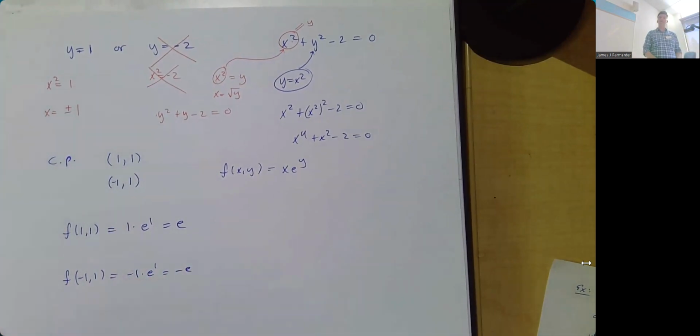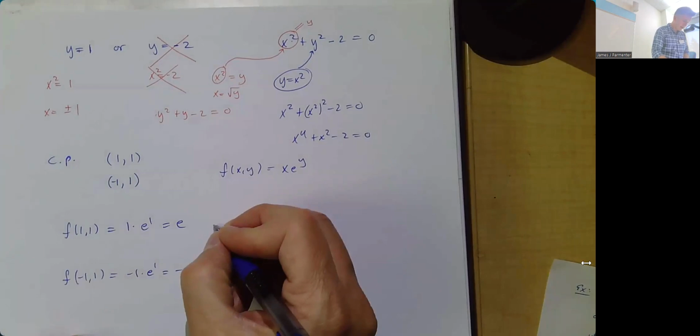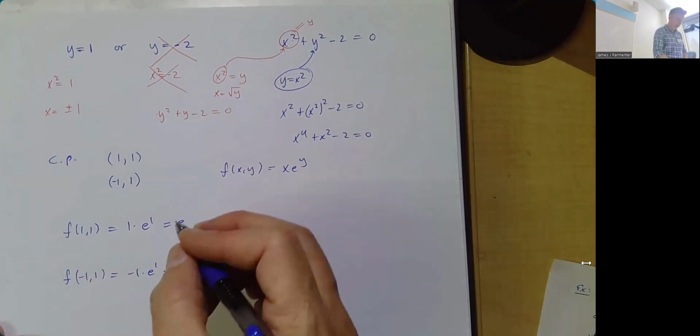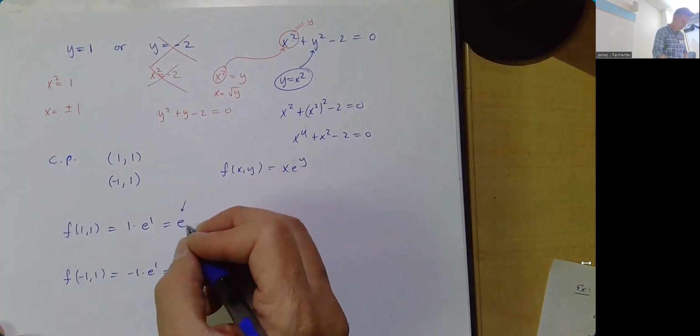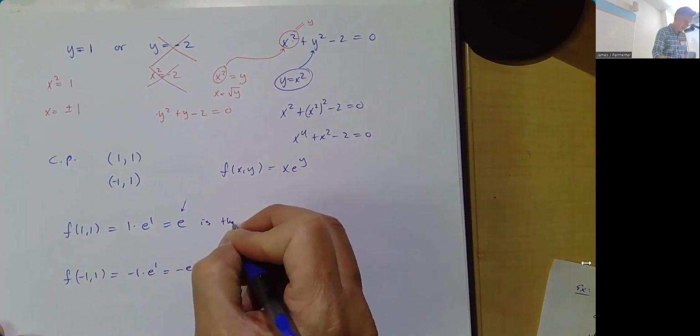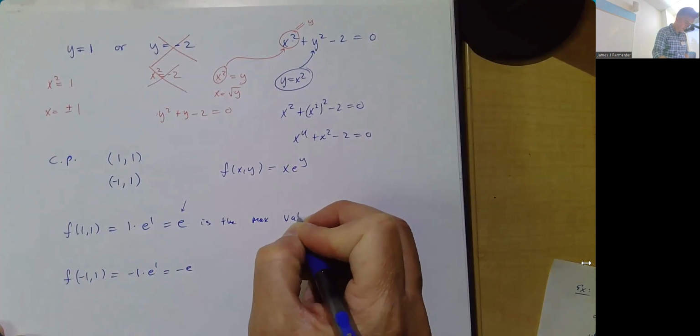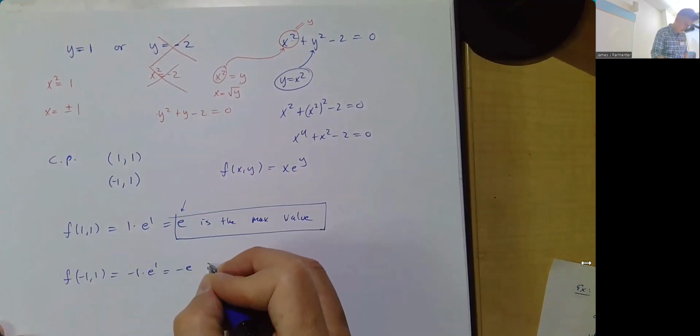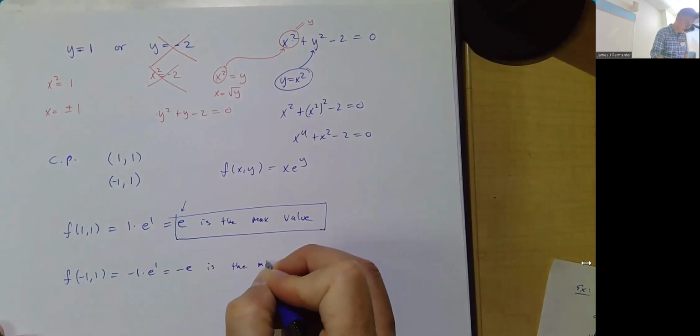Which is bigger, e or negative e? E. So I would find all the values, look and see which is the biggest one, and write e is the maximum value. And down here, I write negative e is the minimum value.